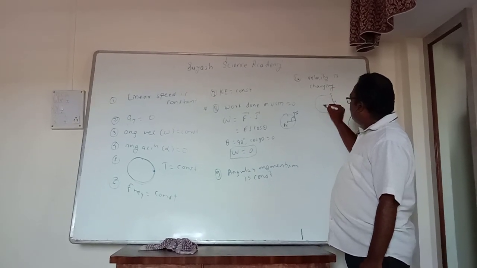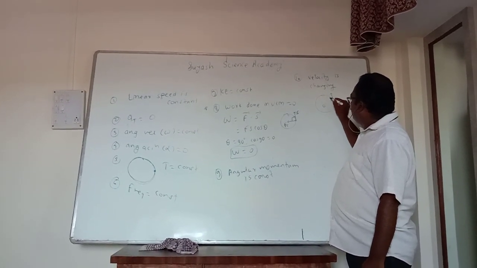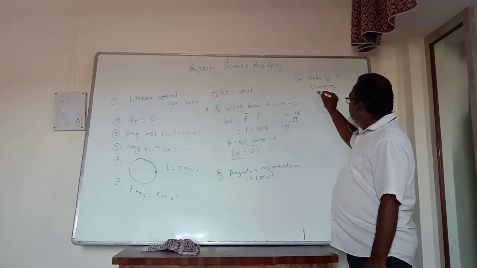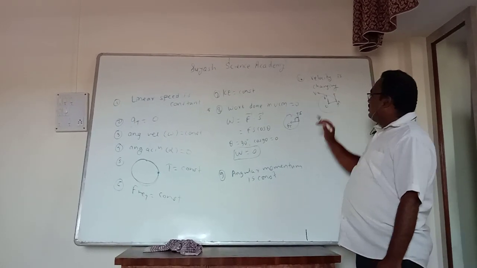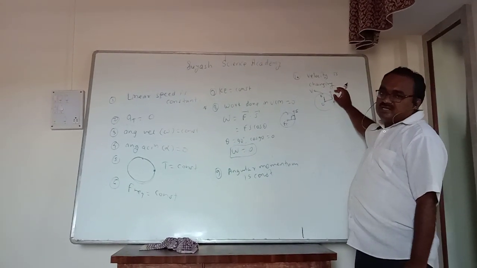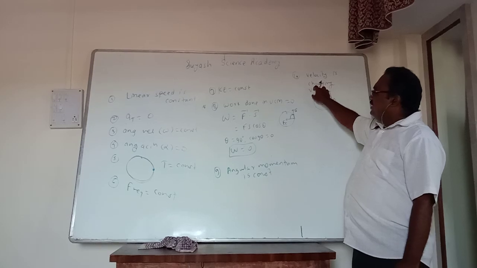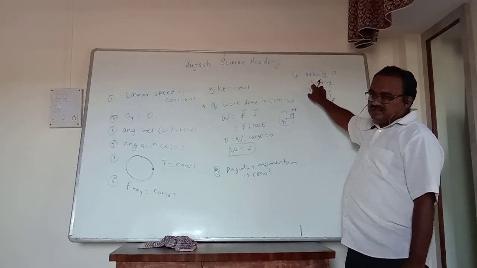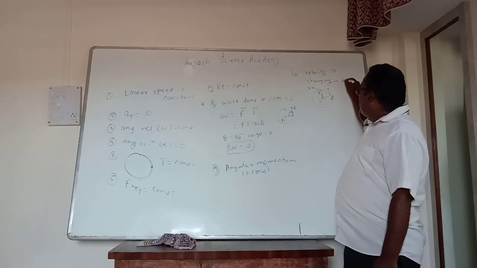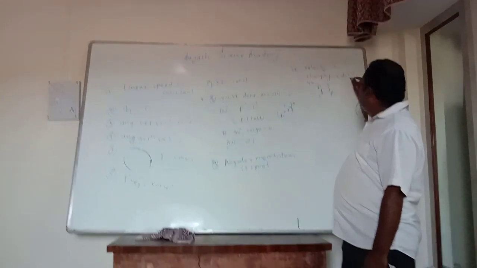When the particle moves from A to B, the velocity will be in this new direction, so velocity is changing. The magnitude of velocity remains constant, but the direction is changing, therefore velocity is changing.